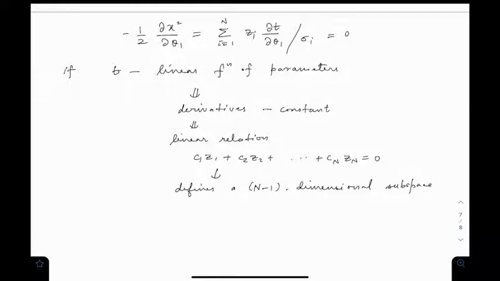Consequently, the distance in Z space is confined to this subspace and derived from n minus 1 components. So for z parameters, we get z constraints and an n minus z dimensional subspace.